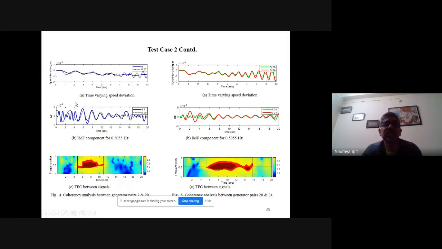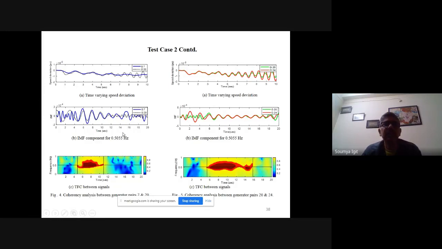So this is to see your time varying speed deviation. This is for generator 7 and generator 20 and the IMF component. That means once you have got the speed deviation, that signal is transferred to the intrinsic mode functions.